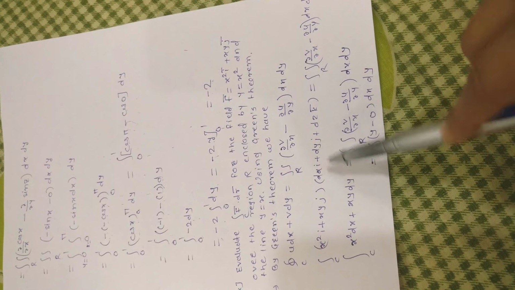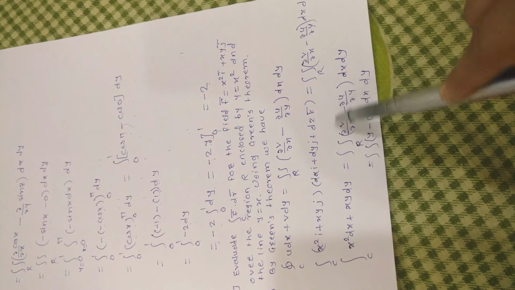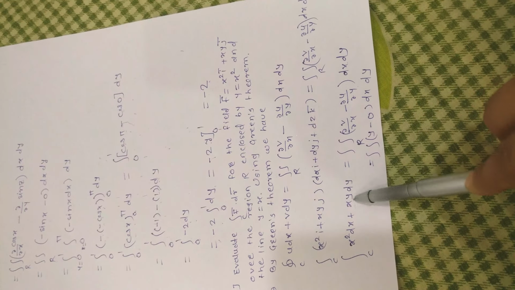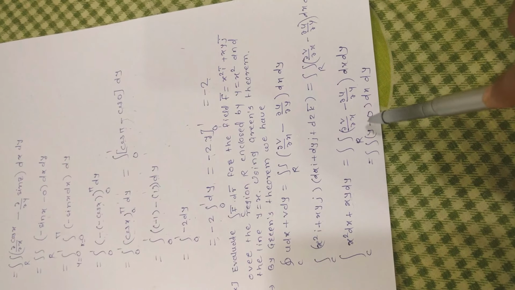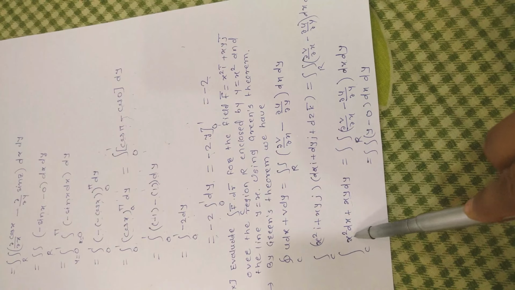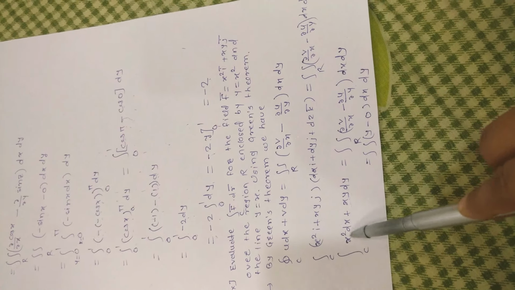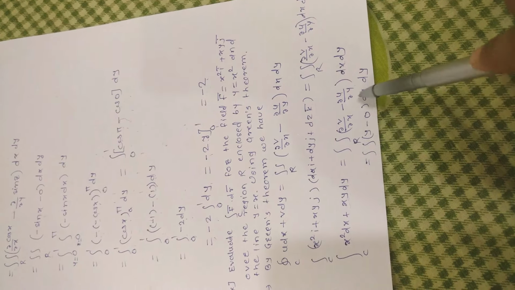So v is xy and u is x². The derivative of xy with respect to x is only y, minus the derivative of u, which is x², with respect to y, which is 0. So the double integration of y dx dy.